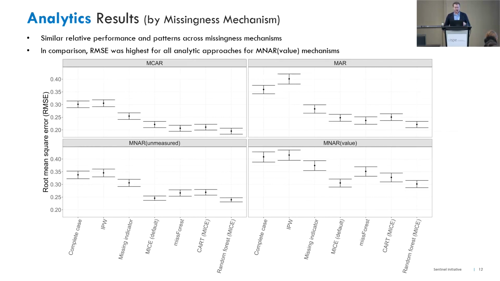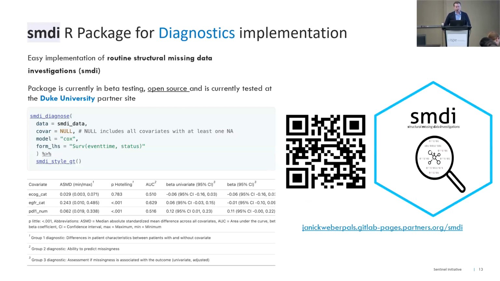We observed a similar relative performance when stratified by missingness mechanism. However, across all the different analytic approaches, we saw the highest root mean squared error for MNAR value mechanisms.